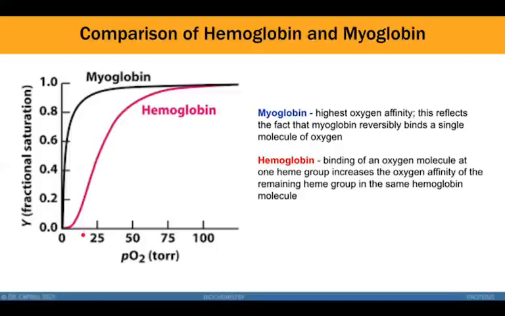Because binding of one oxygen molecule at one heme group increases the oxygen affinity of the remaining heme groups in the same hemoglobin molecule. Kasi may available ka pa na mga binding sites for oxygen. So that is why it is more of a sigmoidal curve. Kasi sa myoglobin, diretso na, puno na agad yung binding sites mo. But in hemoglobin, you still have available sites for binding to oxygen. That is why it's more of a sigmoidal curve.